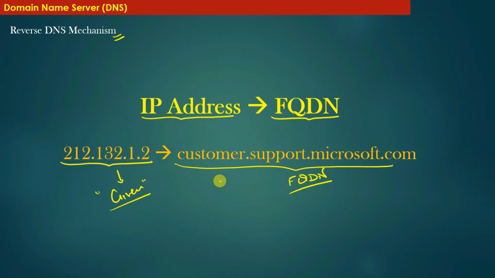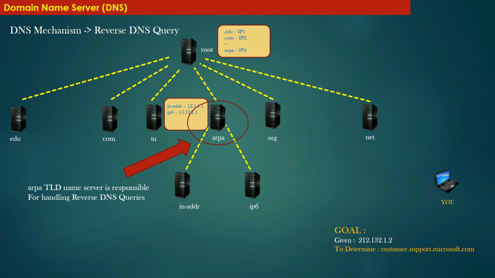So previously, given a fully qualified domain name, we were trying to find the IP address of the physical machine which has that fully qualified domain name as its name. But in this example, given an IP address, we need to find a physical machine which has the fully qualified domain name that maps to this given IP address.